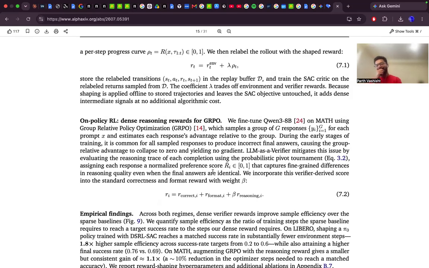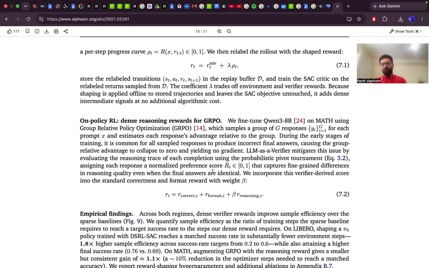Okay, so instead of 0, 1, you're assigning a different reward for each trajectory. That's it. So you basically speed up the training somewhat.